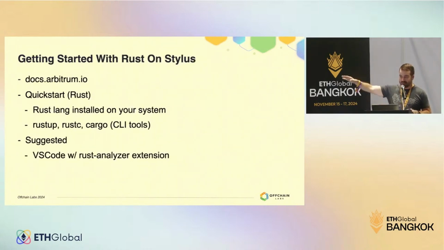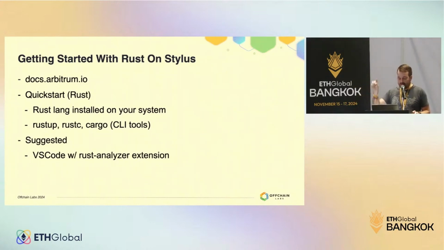To get started, your primary resource for working with Stylus will be docs.arbitrum.io. On the sidebar, there's a section called Write Stylus Rust Smart Contracts.